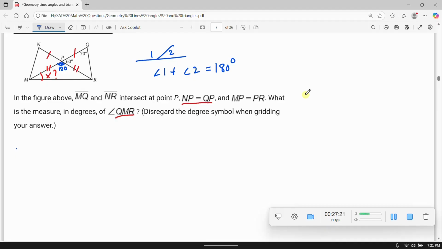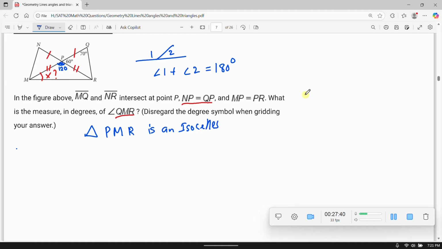So now since they are isosceles, we have triangle PMR is an isosceles.